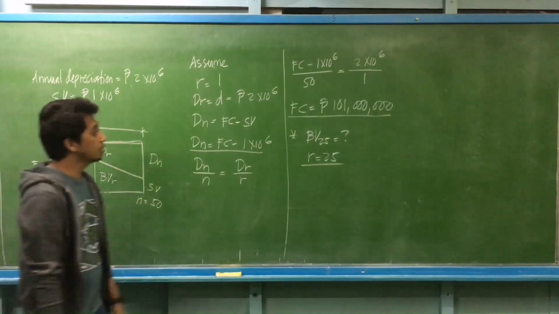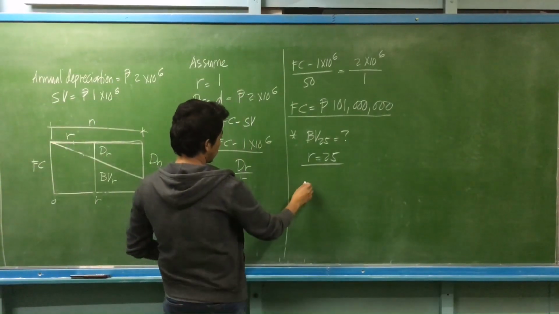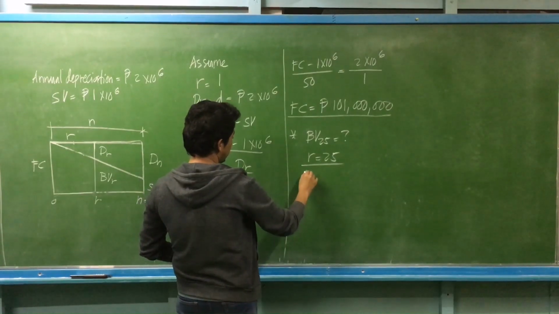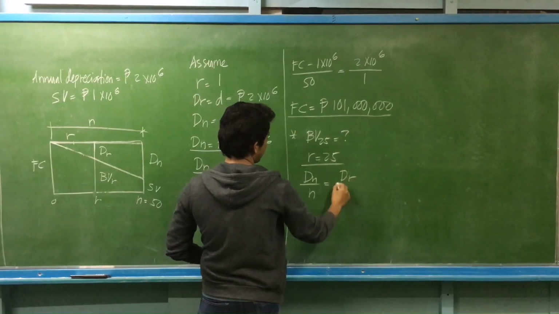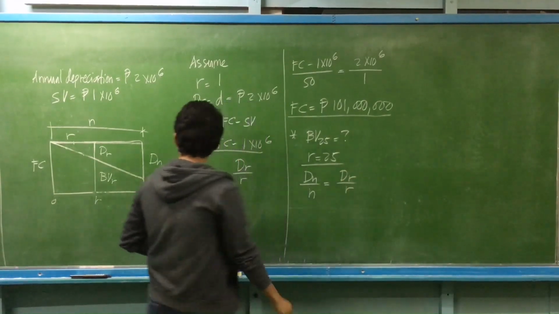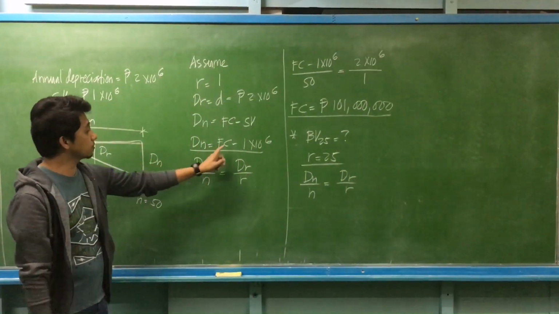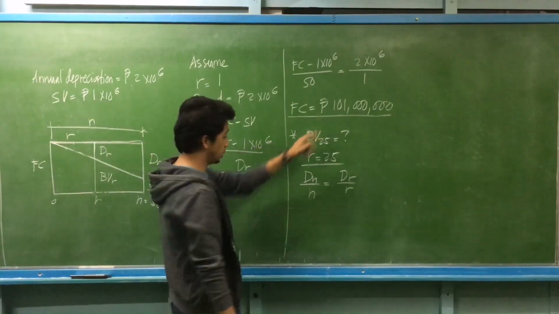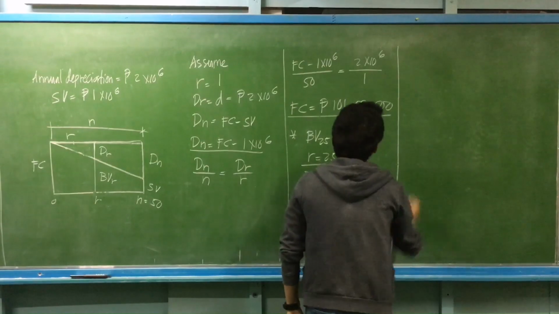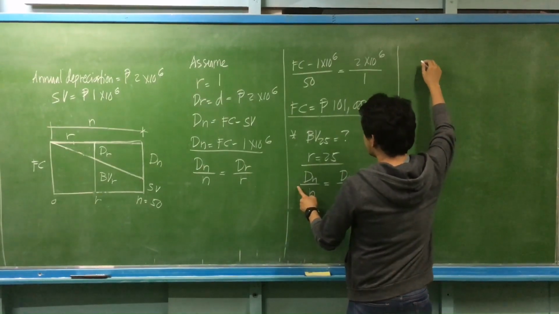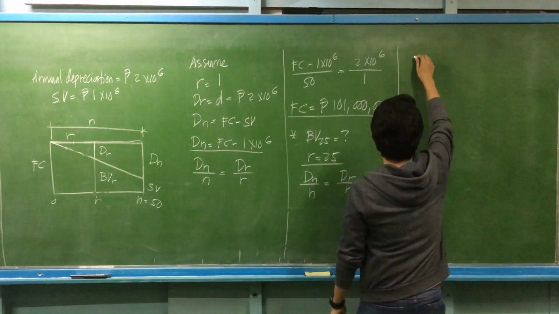Using similar triangles, yun yung d sub n is to n is equal to the d sub R is to R. So what is our d sub n? D sub n is first cost. What is our first cost? That is 101 million. Okay, so we have d sub n is first cost minus salvage value.